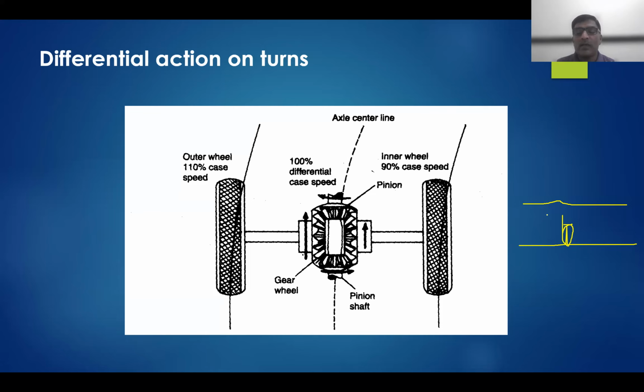So both the wheels have to cover different distances at the same time. Suppose at once there is a bounce, that means that wheel has to move over an arc, which will increase the distance to be covered by that particular wheel. So all the time, 99.99 percent, it is in action. So why is it required? To provide the differential speed or relative speed for the drive wheels which are mounted on the rear axle.